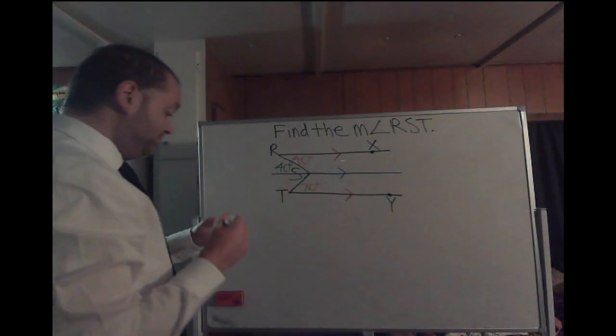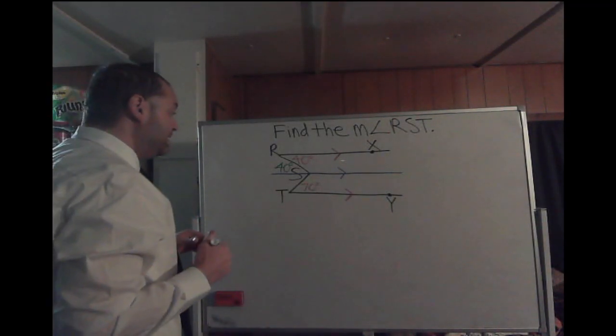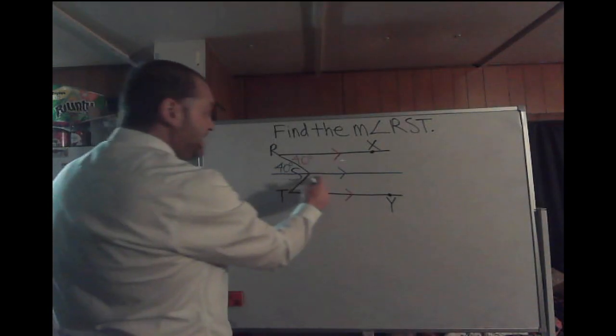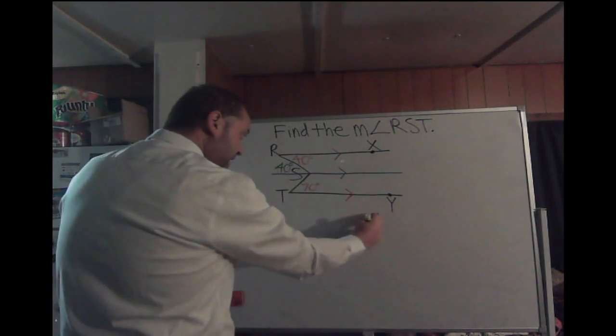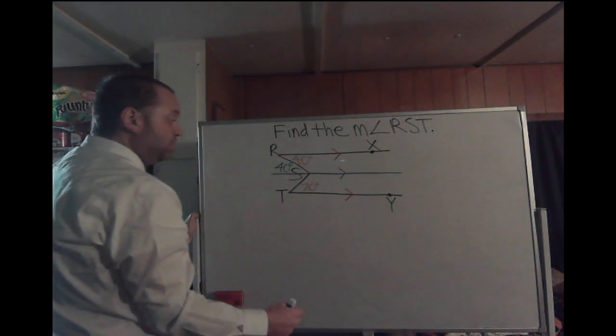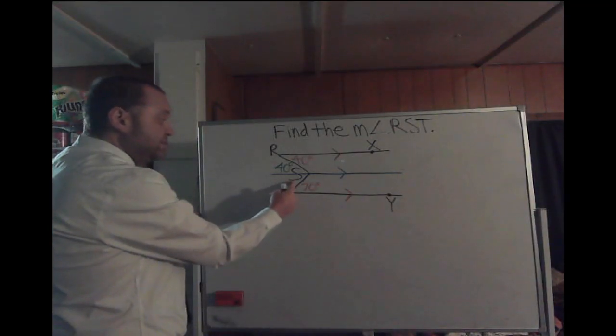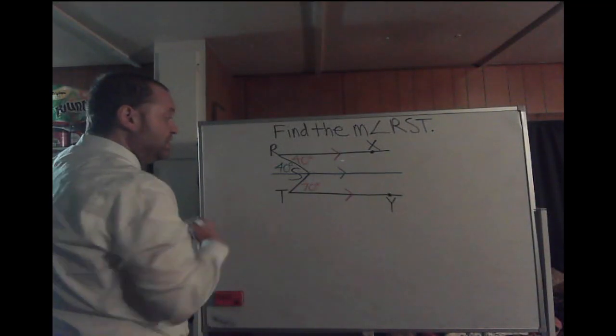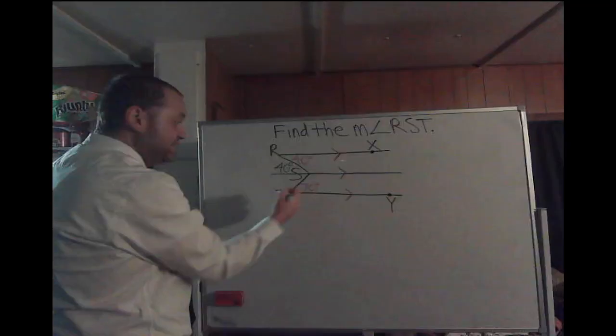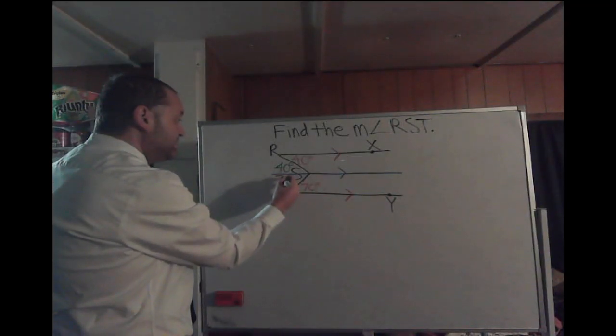And then we also know this line going through S is parallel to line TY, which would have to mean that ST is a transversal between those, which would mean this angle here would have to be 70 since they're alternate interior angles.